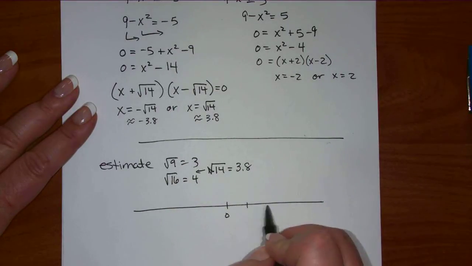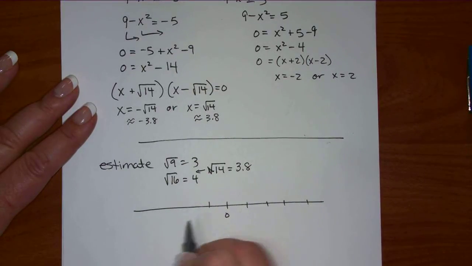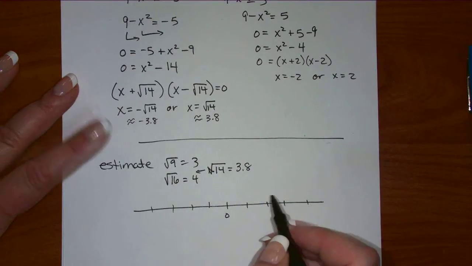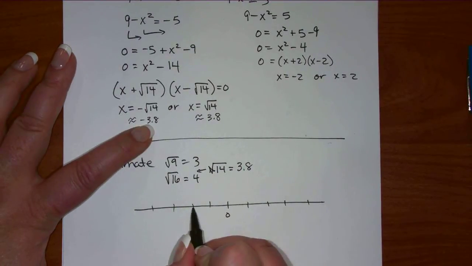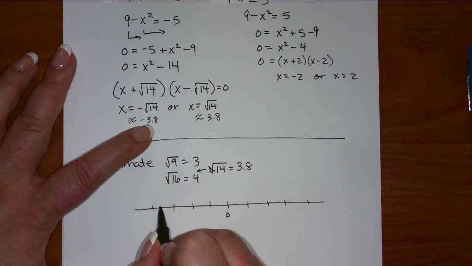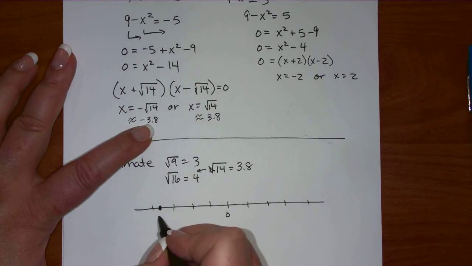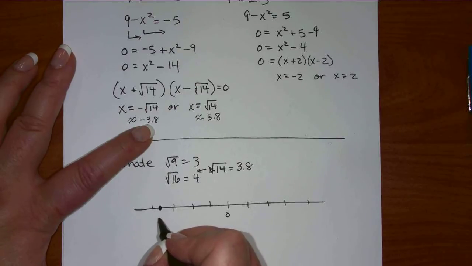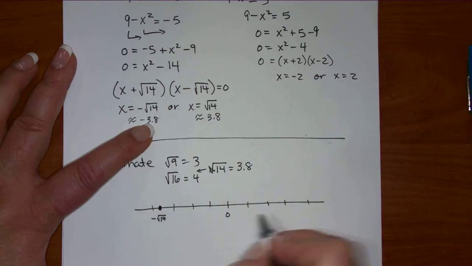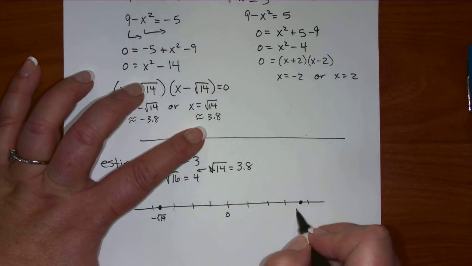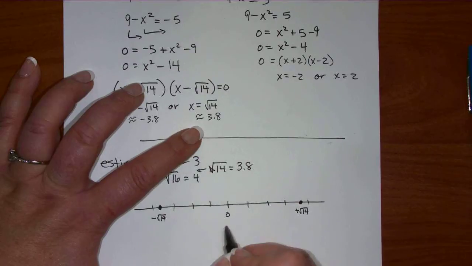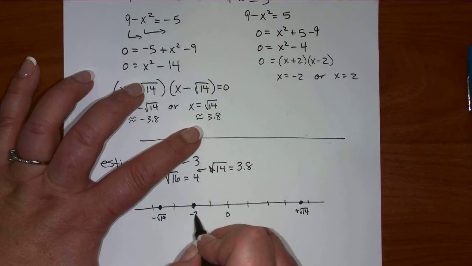So 1, 2, 3, 4, negative 1, 2, 3, 4. So root 14 is like negative 3.8, around here. And am I going to write 3.8 here? No, I'm actually going to write the right answer, because we're just using that as our guess. And then positive 3.8, and then negative 2 and positive 2.